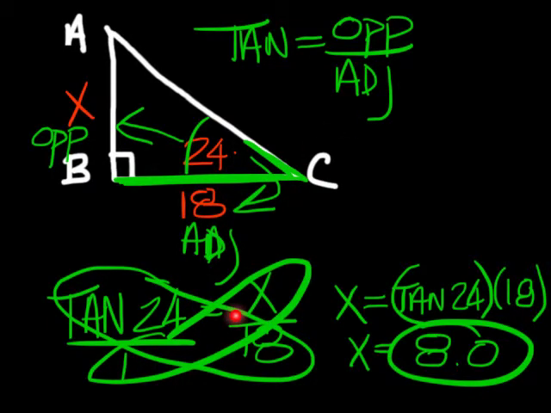We cross multiplied to get 1 times x, and then tangent 24 times 18. Put that into the calculator. Here it is again, tangent 24. Comes out to be that decimal, and then multiply it by 18. Round to the tenths place, and that's where we get 8.0.